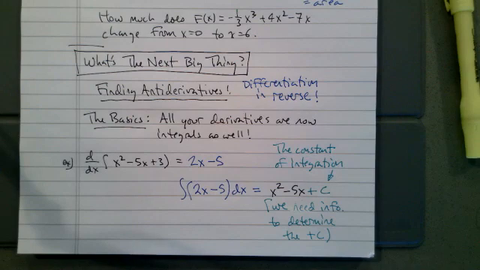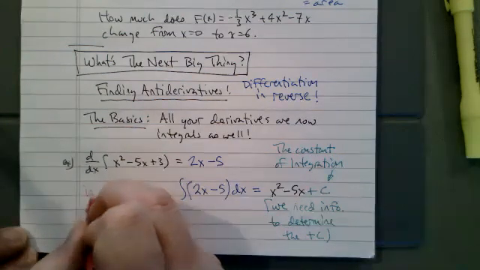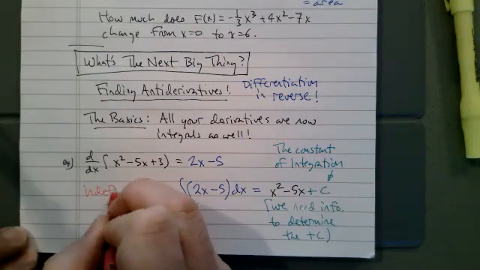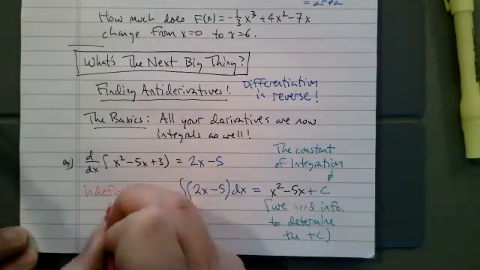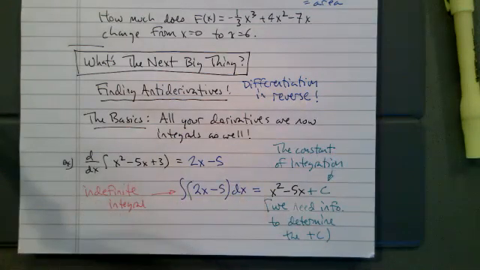Here are some other things that I did with this statement. I wrote the integral of 2x minus 5 dx, but this is not a definite integral because it doesn't have an interval from a to b. So this is an integral that's called an indefinite integral. What makes it indefinite is that there's no interval from a to b.